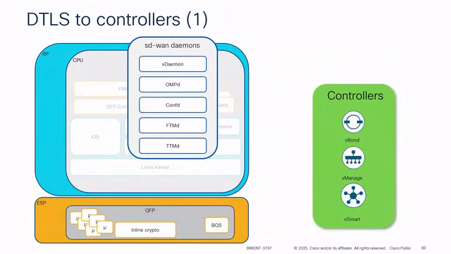Knowing all of this, knowing that the planes are separated, let's maybe take a look at a simple example of a DTLS session, the attempt to establish a DTLS control connection to the smart controller. What happens here? We have a daemon, call it vDaemon.